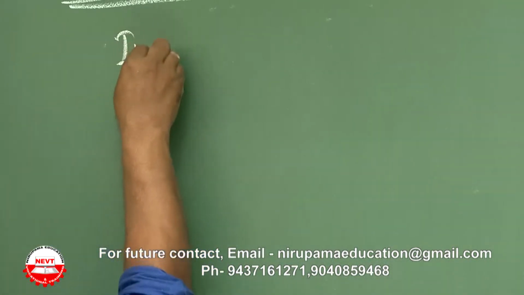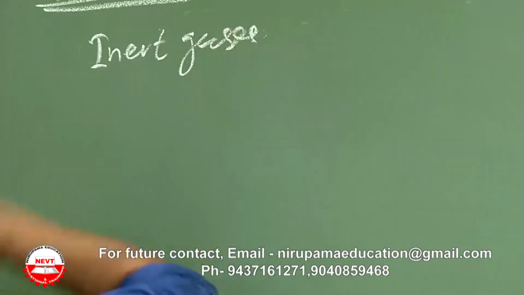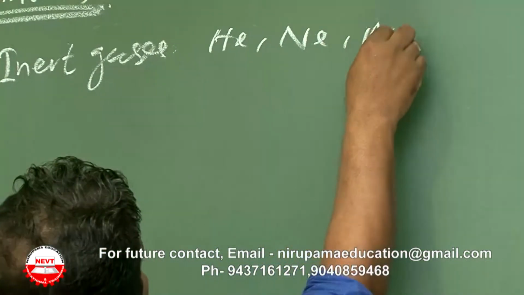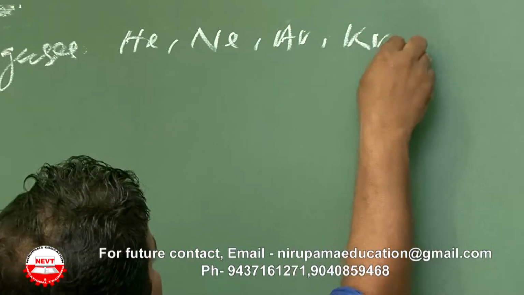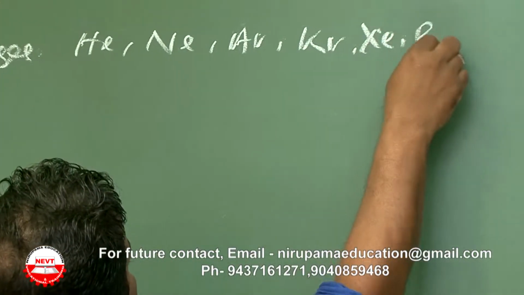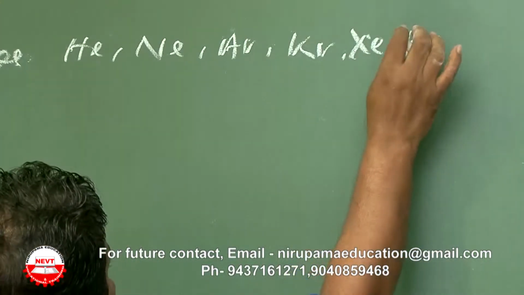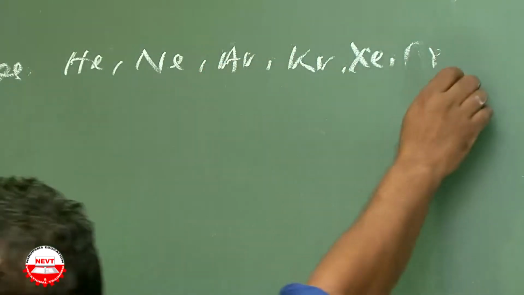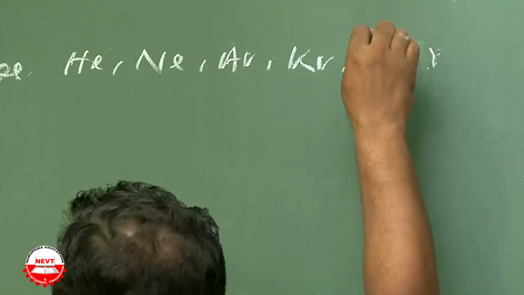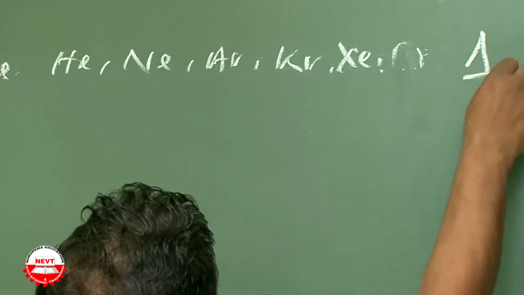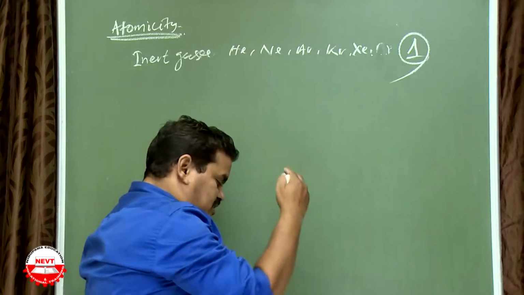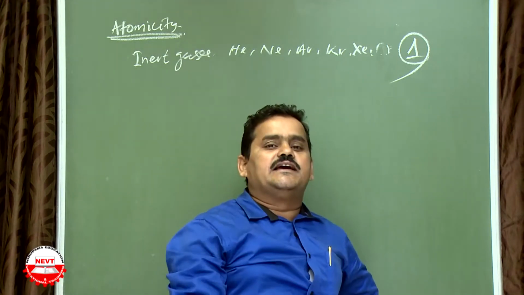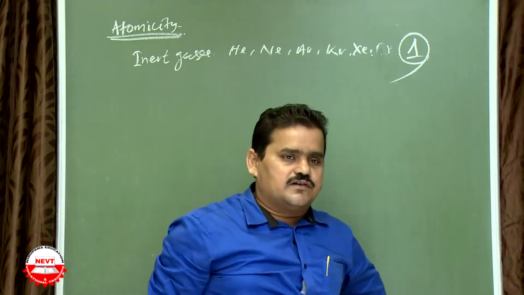All inert gases like helium, neon, argon, krypton, xenon and radon, all inert gases up to radon, their atomicity is 1, because the outermost shell of all inert gases contains 8 valence electrons.